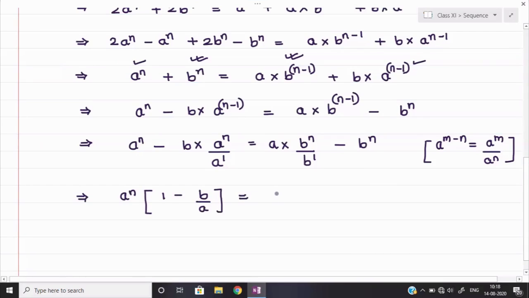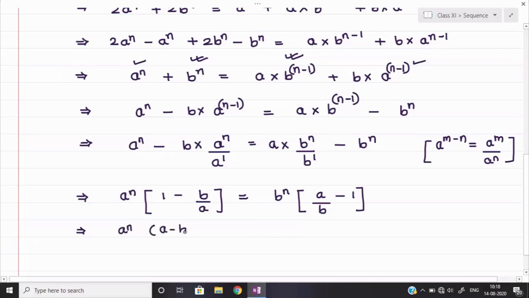Similarly here I can take common b to the power n, so the remaining is a upon b minus 1. Now further, a to the power n I am keeping as it is, and here I am taking the LCM.